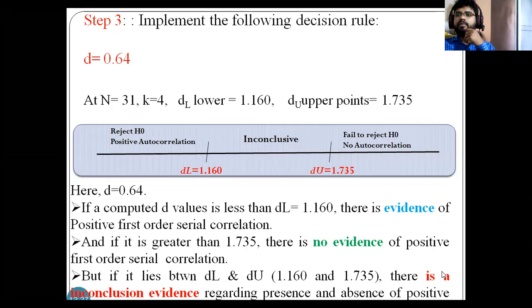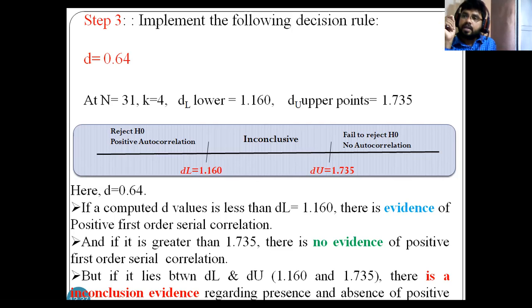If the D value is less than DL, as per our values, there is evidence of positive first order serial correlation. If it is greater than 1.735, there is no evidence of positive autocorrelation.